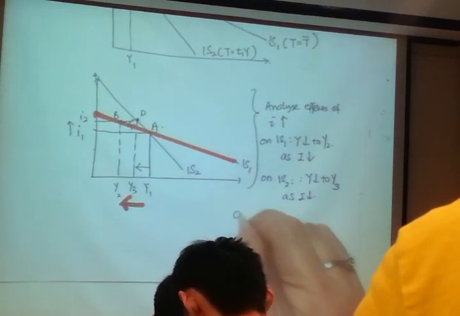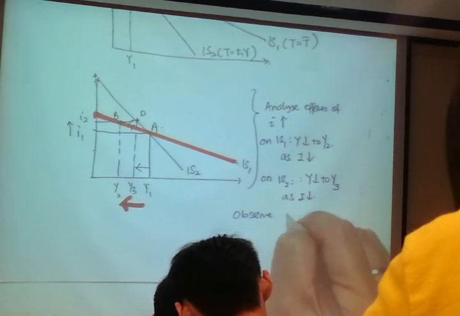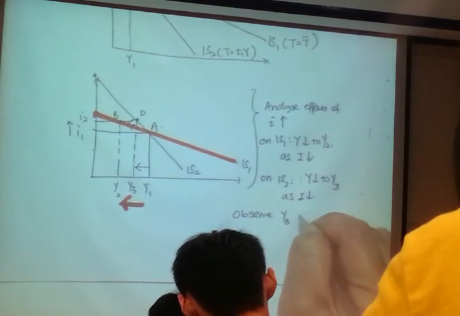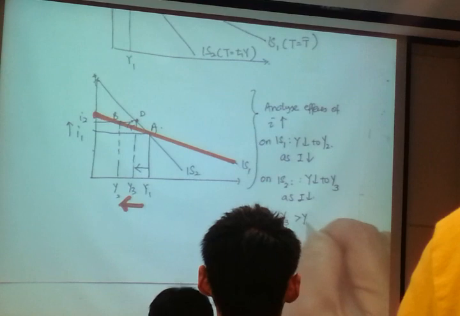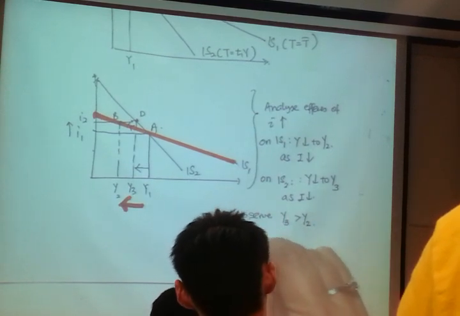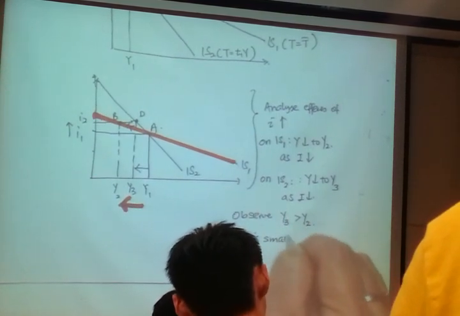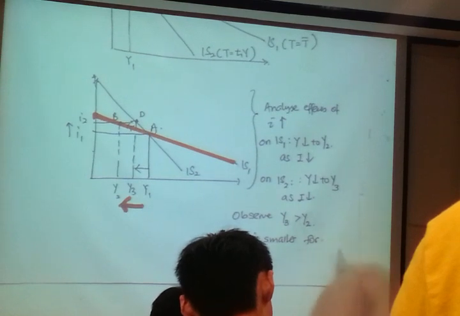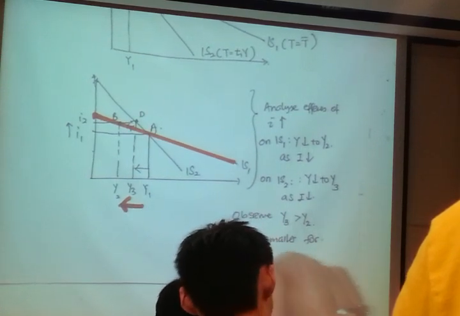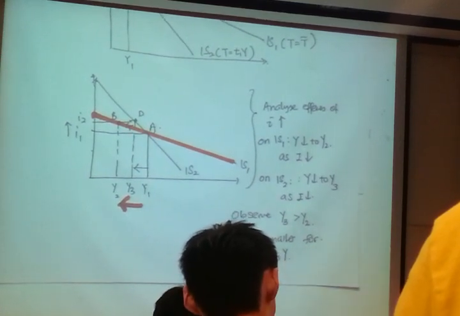So therefore you observe Y3 is actually larger than Y2. So change in income is smaller for the case of proportional tax.